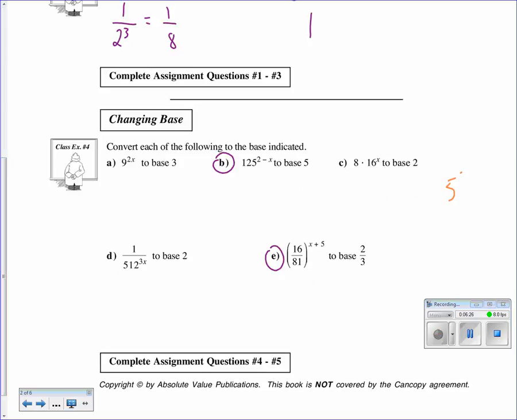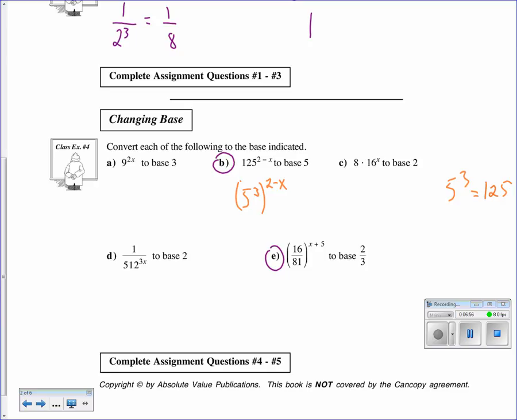So I know that 5 to the 3 is 125. Now you may remember that, or you can work it through on your calculator, but I can totally replace the 125 with 5 to the 3. Now, how does the exponent of 3 and the exponent of 2 minus x hang out? I don't want brackets anymore. They multiply.